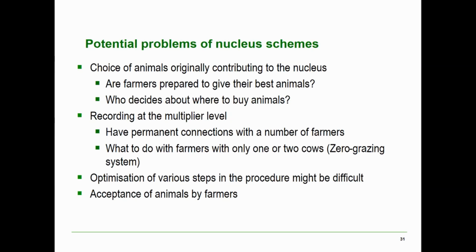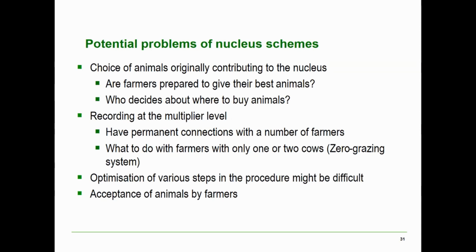So the first one is about the choice of the animals. When we are not importing an exotic breed, we want to gather the best animals for our core breeding program in the nucleus farm. So, we want to have the best animals from the farmers. But then, of course, there is a question if the farmers are prepared and committed to give their best animals, because this is also the source of their income.